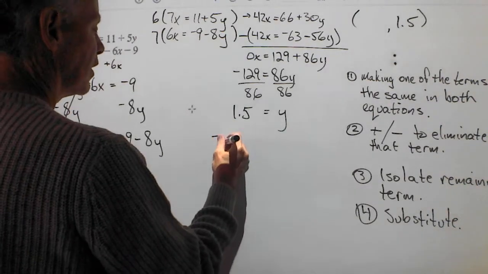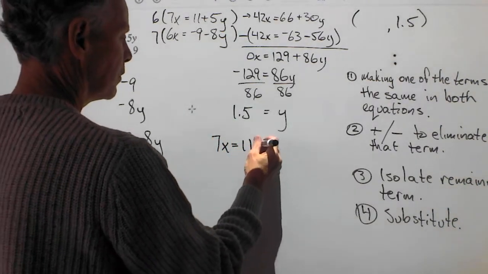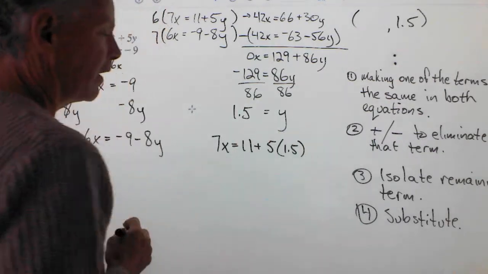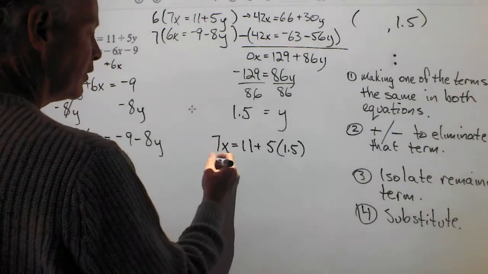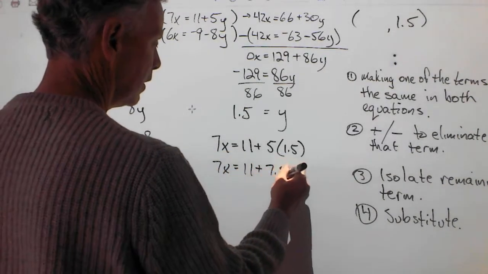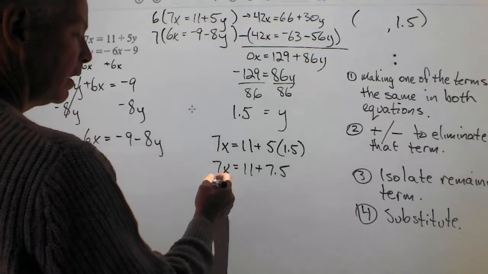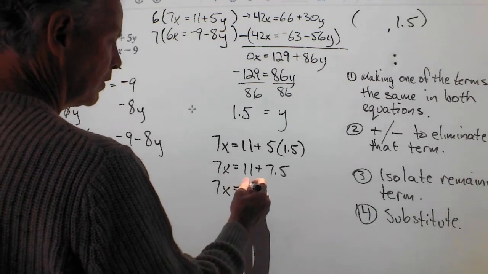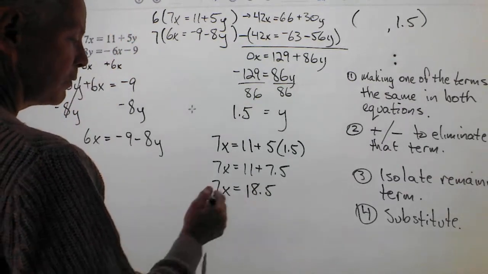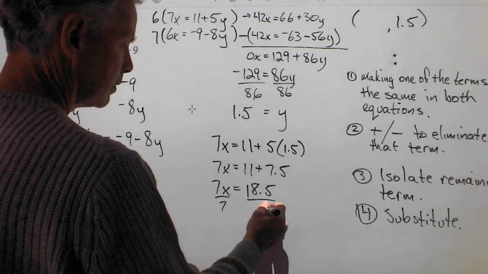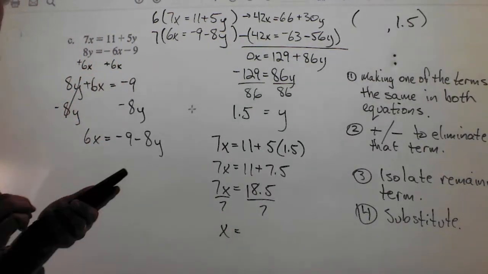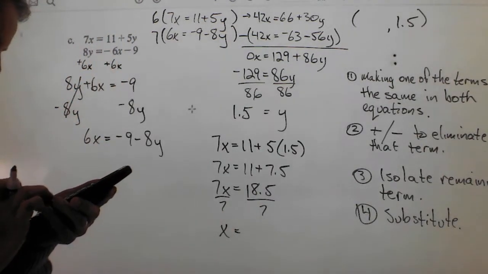So we get 7x equals 11 plus 5 times y, or in this case, 5 times 1.5. Simplify. 7x equals 11 plus 7.5. 7x equals 18.5. And finally, divide through by 7, giving us x equals, and again, excuse me while I ask Mr. Calculator.